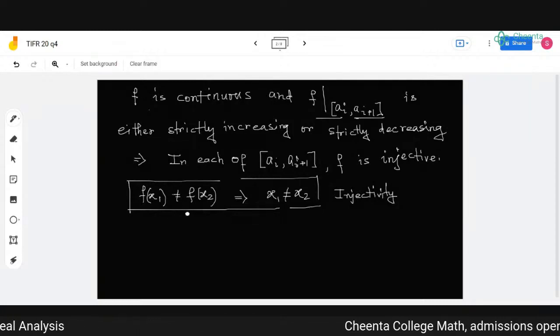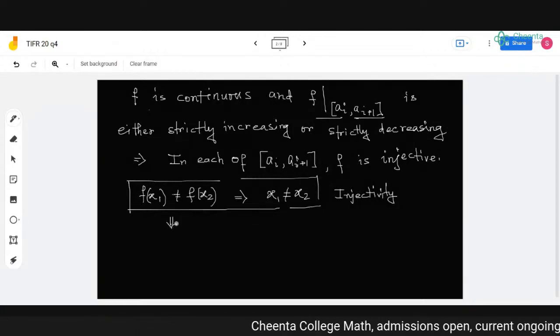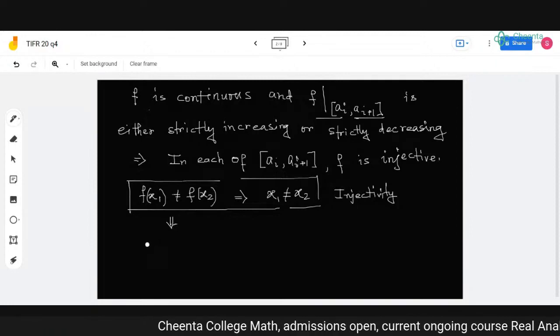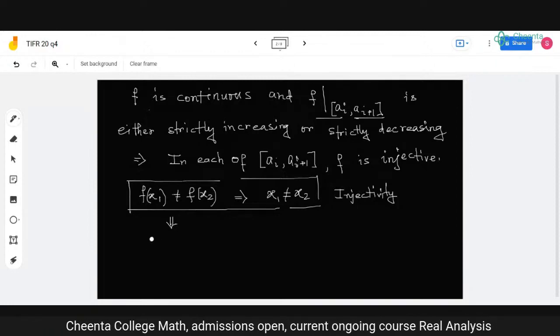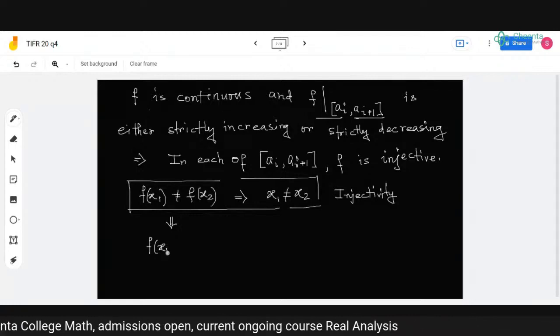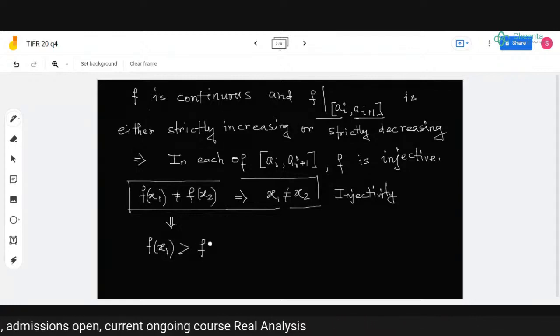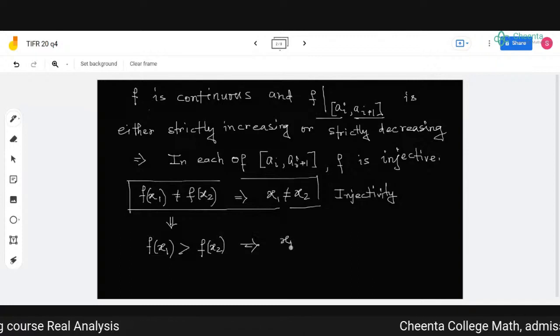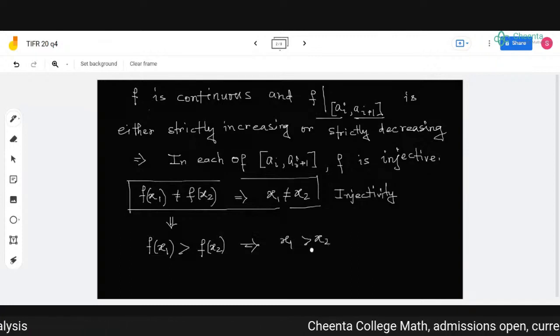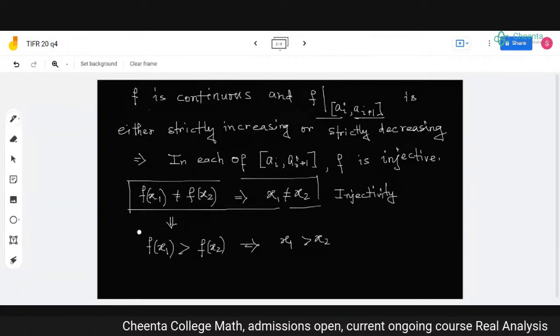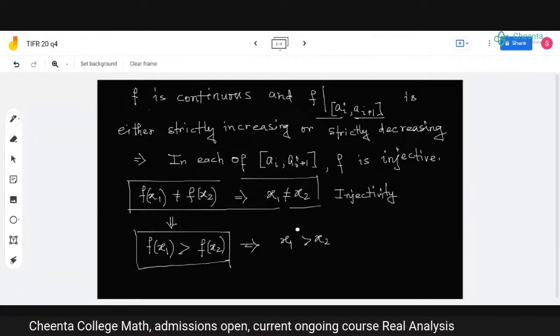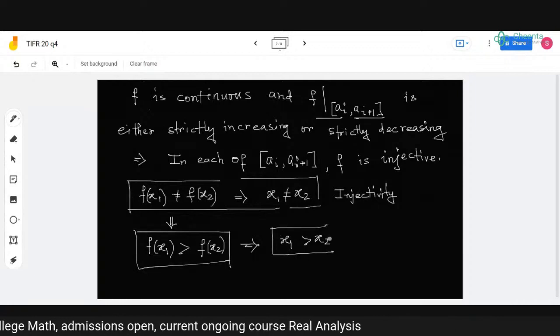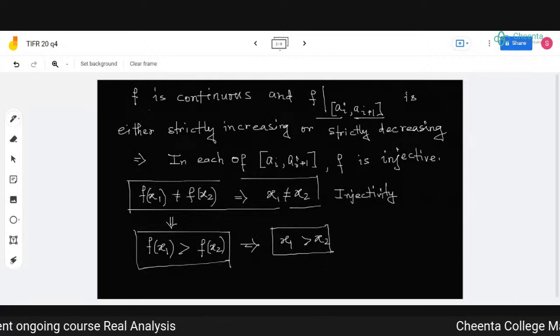If f of x1 is not equal to f of x2, suppose it is strictly increasing, then f of x1 greater than f of x2 will imply that x1 is greater than x2. Thus not being equal here implies not being equal here. It's as simple as that. Similarly for decreasing as well.